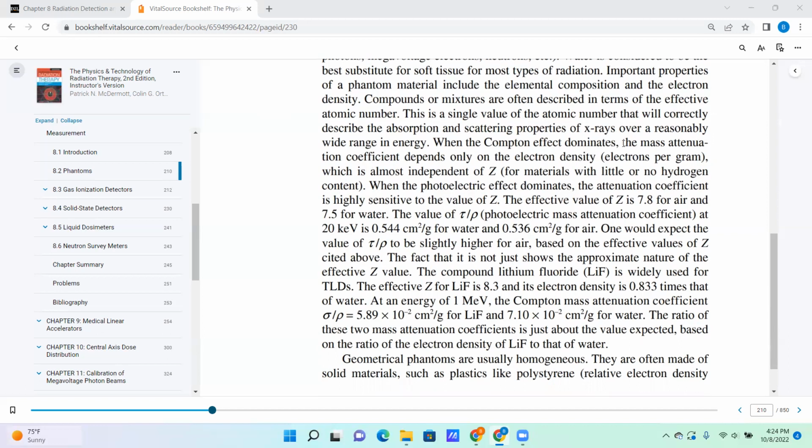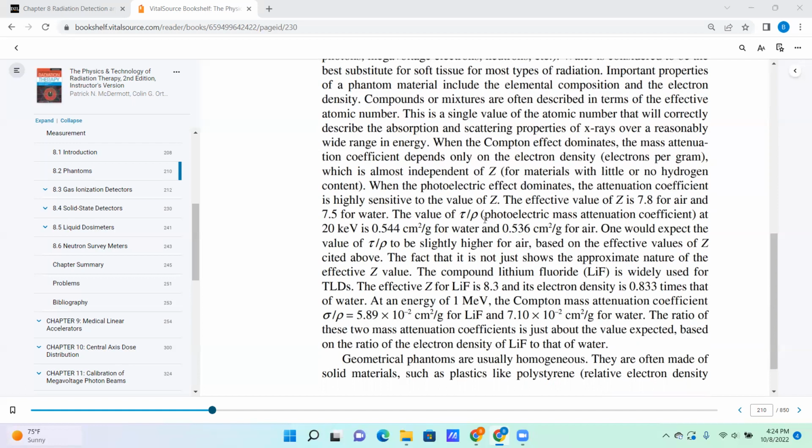When the Compton effect dominates, the mass attenuation coefficient depends only on the electron density, which is almost independent of Z for materials with little or no hydrogen content. When the photoelectric effect dominates, the attenuation coefficient is highly sensitive to the value of Z. Effective value of Z is 7.8 for air and 7.5 for water.